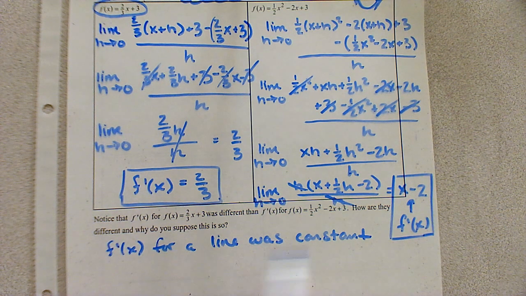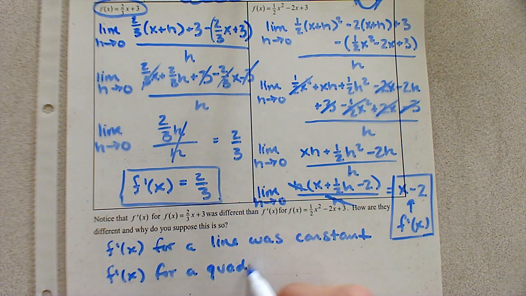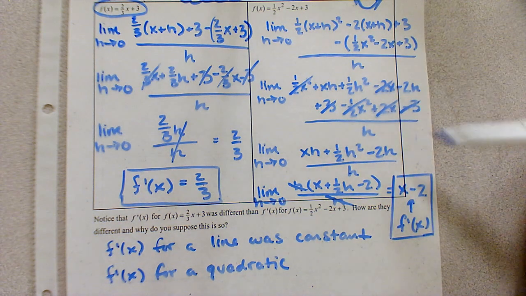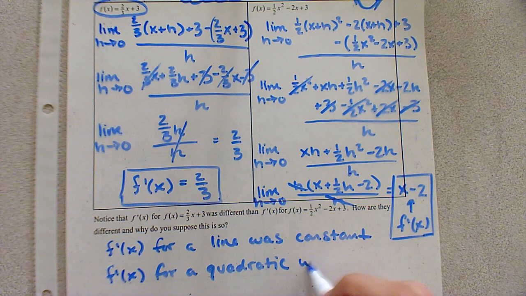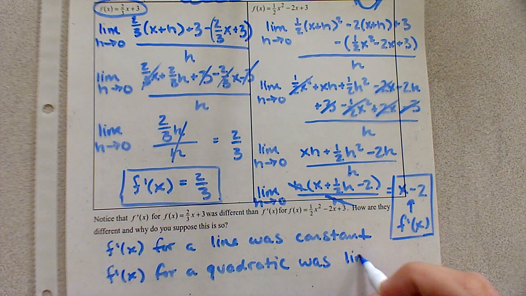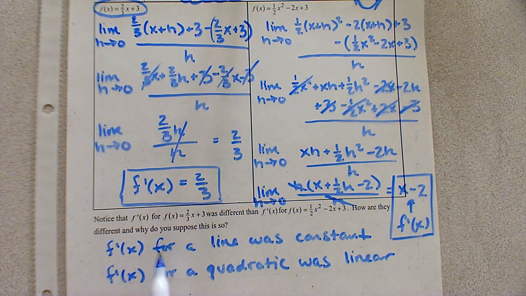So the derivative for a line was a constant, and notice how the derivative for a quadratic, this parabola we started with, is linear. This is mx plus b, we have an x minus 2. So it looks like we do have a connection here.